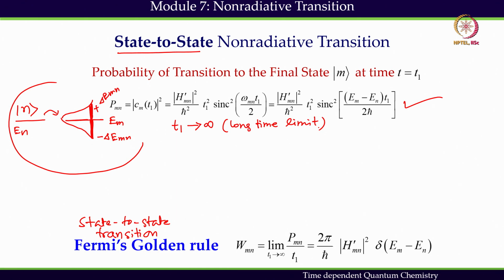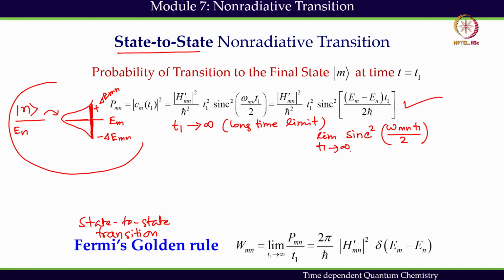T1 is the interaction time, 0 to T1. So, if it is a long time, then one can write down this cardinal sine function squared, omega mn T1 divided by 2, in the limit of T1 tends to infinity.